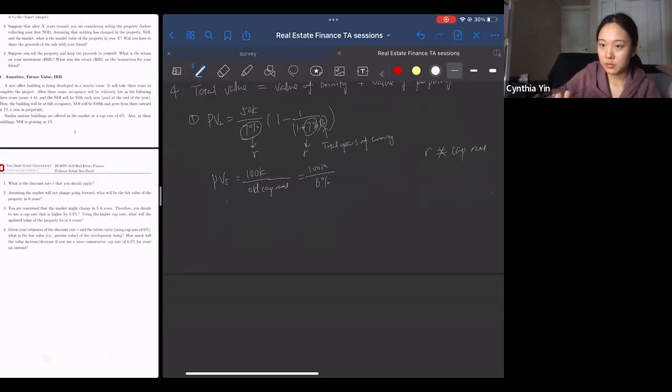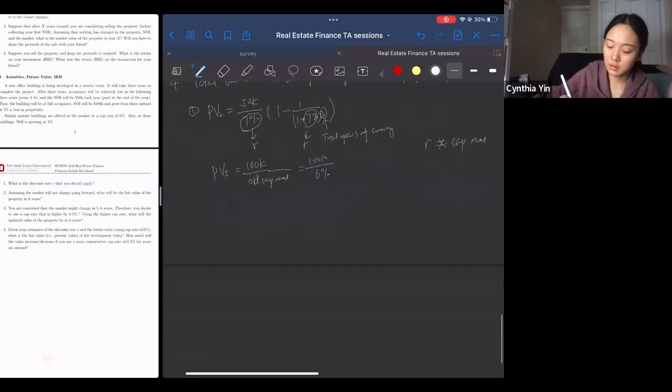And some of you just sum together and report this number to me. It's really very close to the right answer. But to make it perfect, you should discount your present value at year 2 and present value at year 5 back to today.